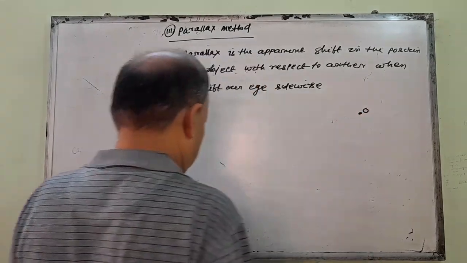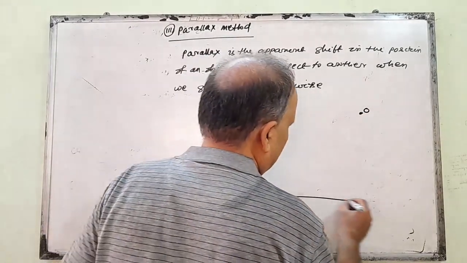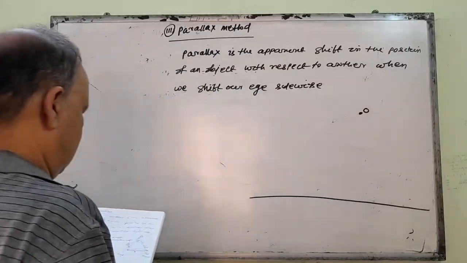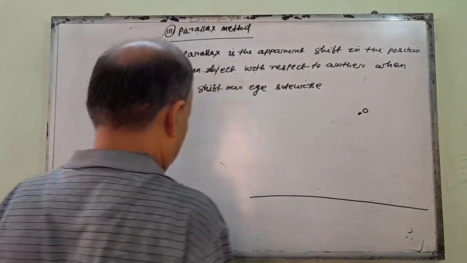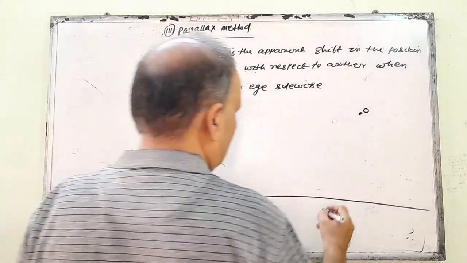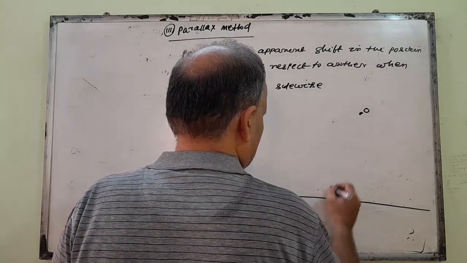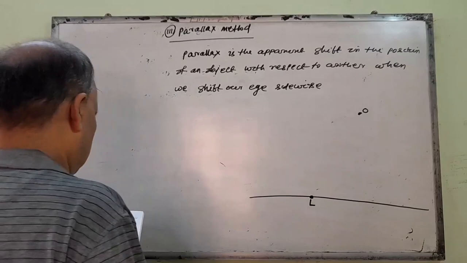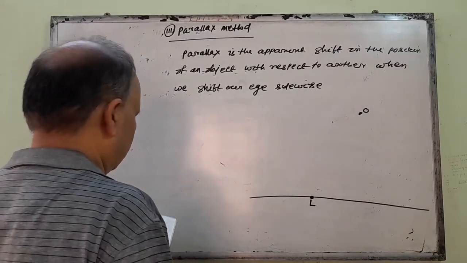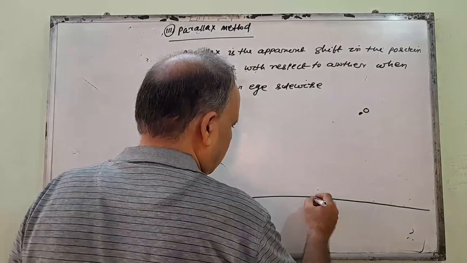O is an object. Suppose this is the plane. You see, suppose this is our left eye. In our left eye, we see the point.